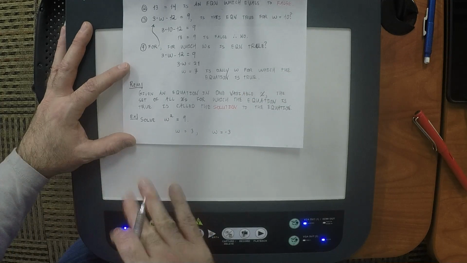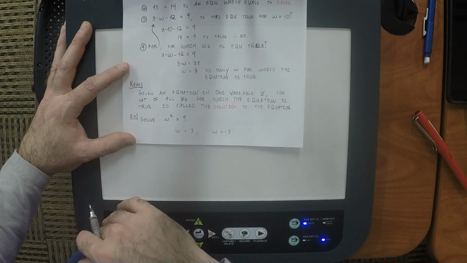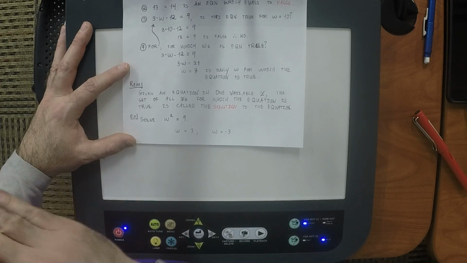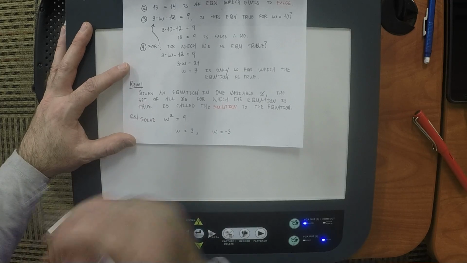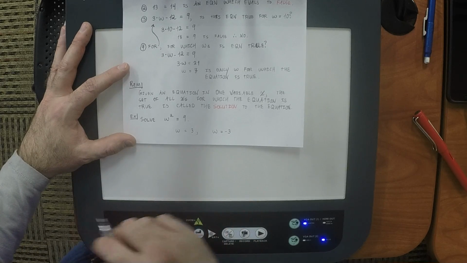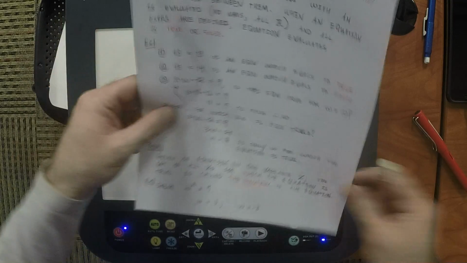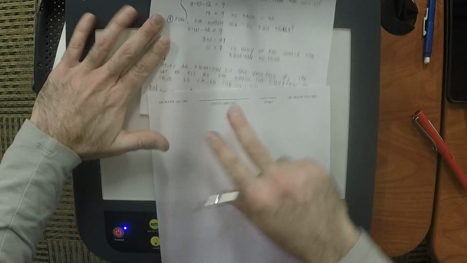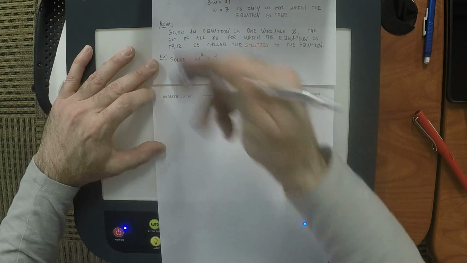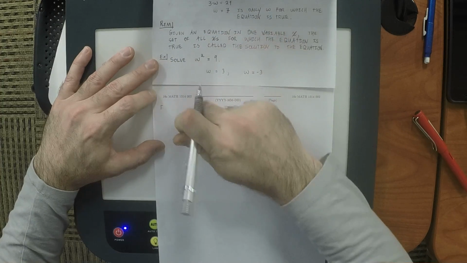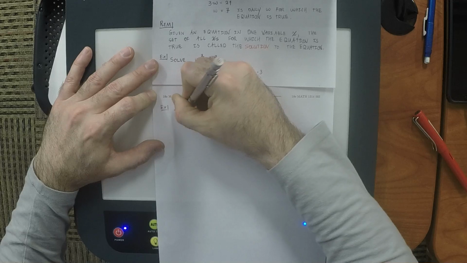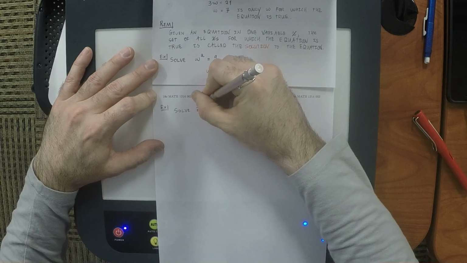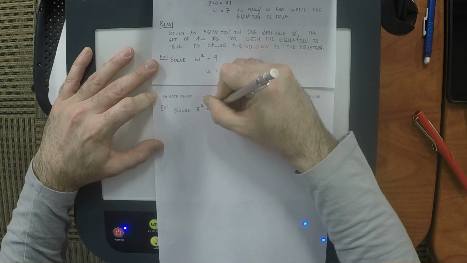Now, this is not the point in the course where we're going to go about the proper techniques for solving equations. I'm just putting one that's, I think, easy enough for you to just say, yeah, 3 and negative 3. Okay. How about, for example, please solve z squared equal negative 16.